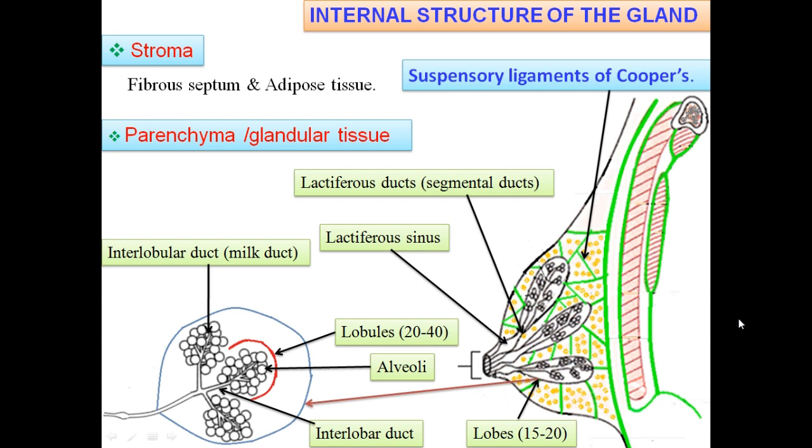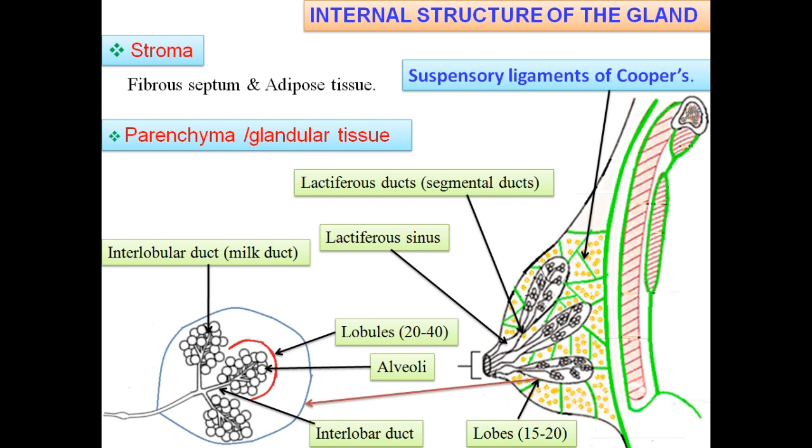In this diagram, we can see the internal structure of the gland. The gland shows two structures: one is the stroma, the other is the parenchyma or glandular tissue. The stroma is a connective tissue made up of fibrous septa and adipose tissue.